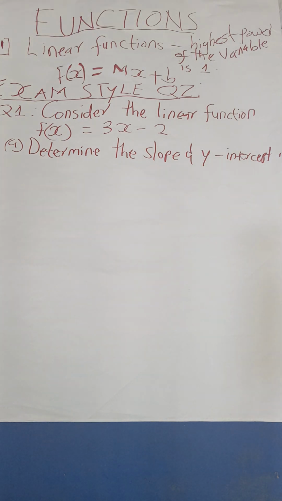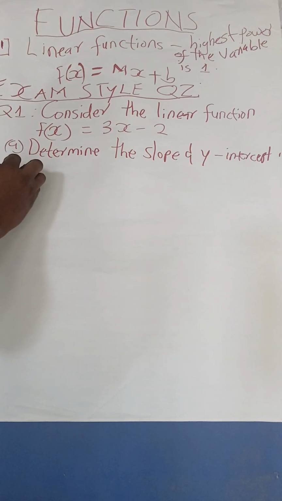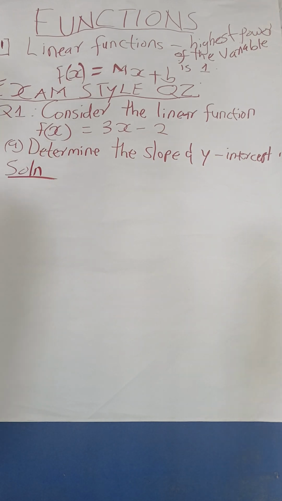The solution to this is very simple, as I said in the introduction, so it's just going to be simple for us. We are required to determine the slope. Let us have the solution.